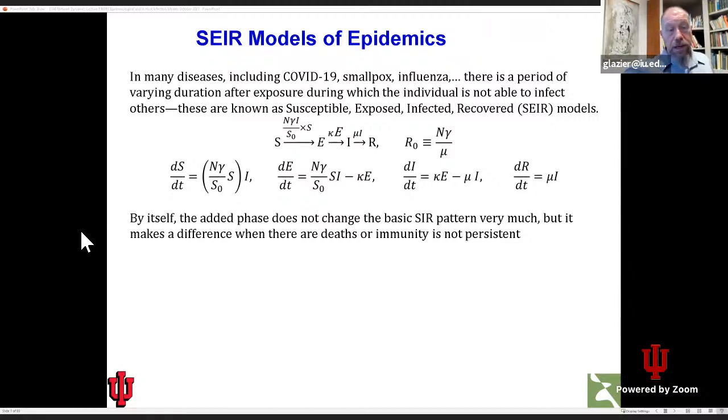If people are trying to match very good quality data for infection in a population, then that latent phase winds up being pretty important. But you're not going to see big changes in the behavior of the models by adding an exposed phase.